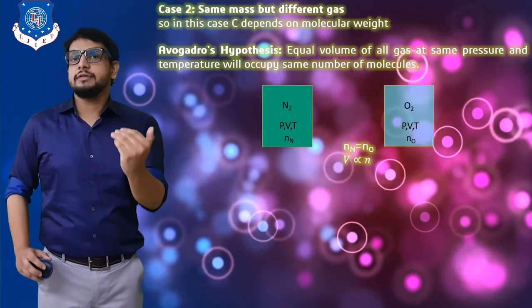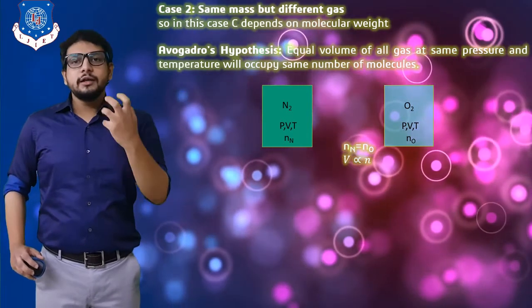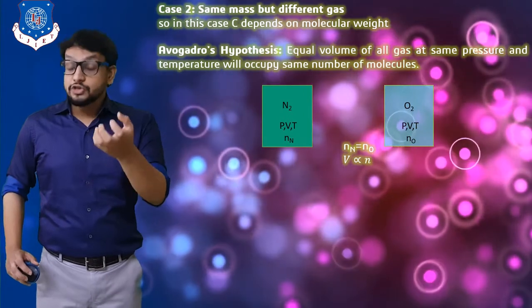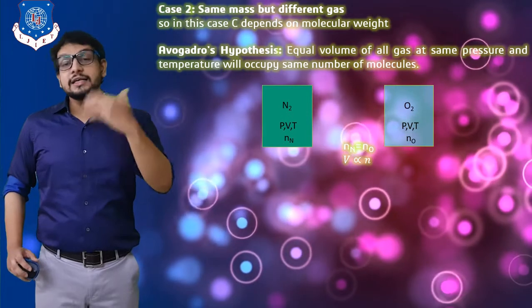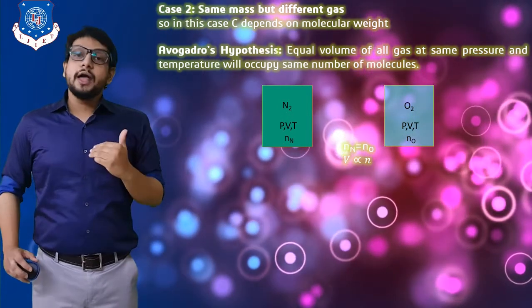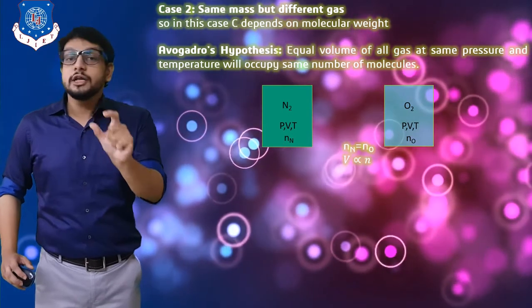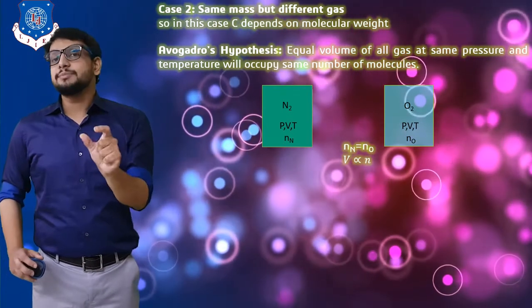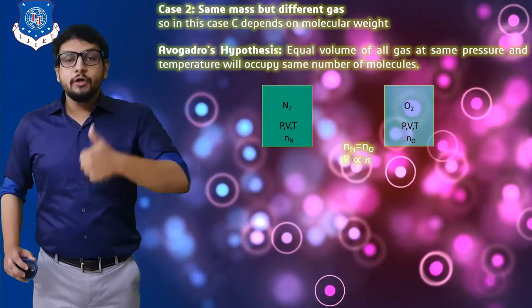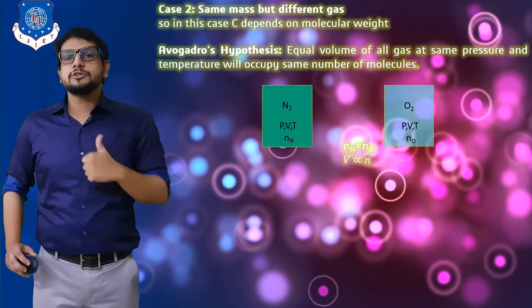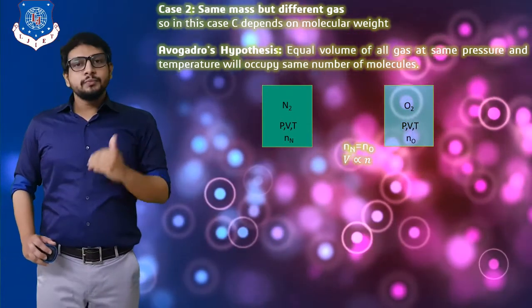We are increasing the volume of the balloon, so we are actually increasing the atoms or molecules in the balloon, right? The higher the quantity of air present, the higher the number of molecules. Whatever increment in volume takes place is directly proportional to the number of molecules. If volume increases, the number of molecules also increases. So we can conclude V is proportional to N.